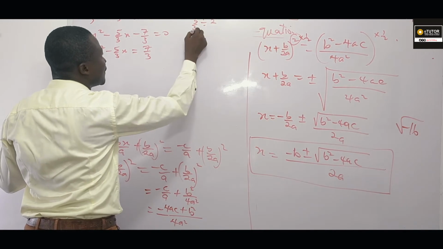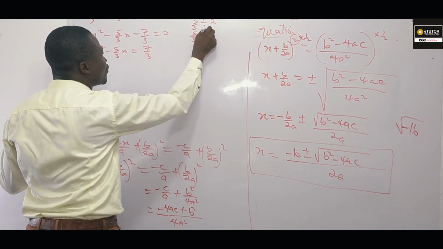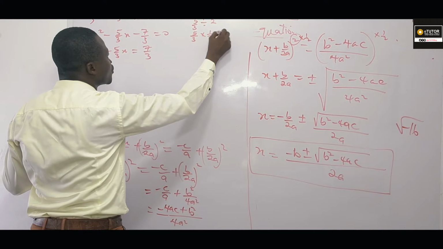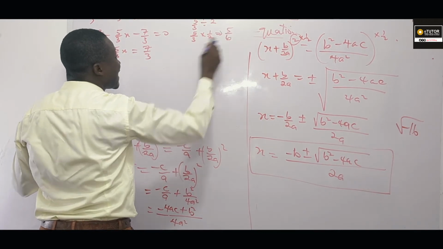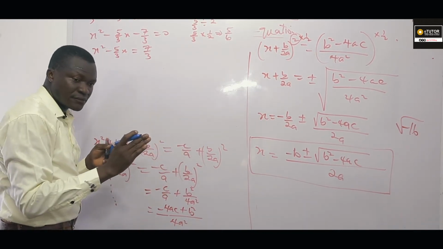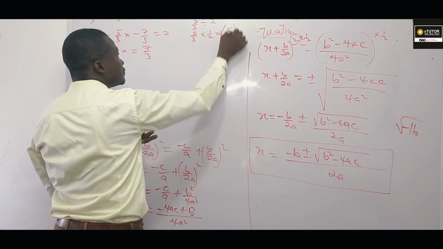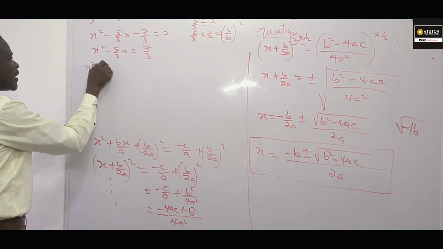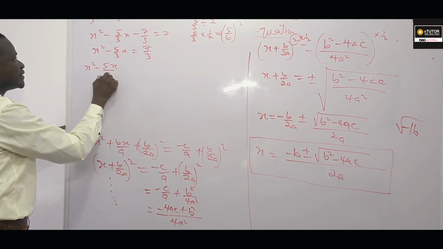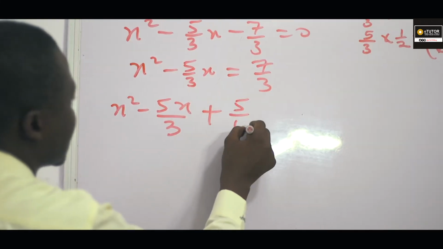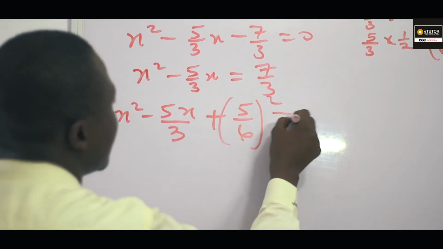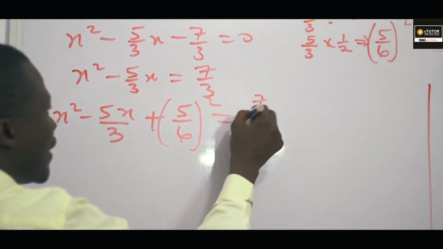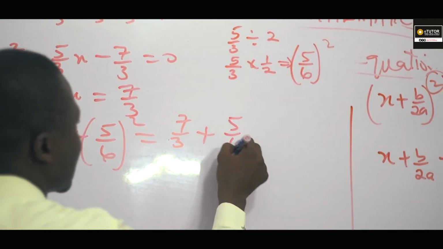That gives us 5 over 3 times 1 over 2, which gives us 5 over 6. That's half of it. Square it, then add it to both sides. So let's go. x squared minus 5x over 3 plus 5 over 6 equal to 7 over 3 plus 5 over 6.